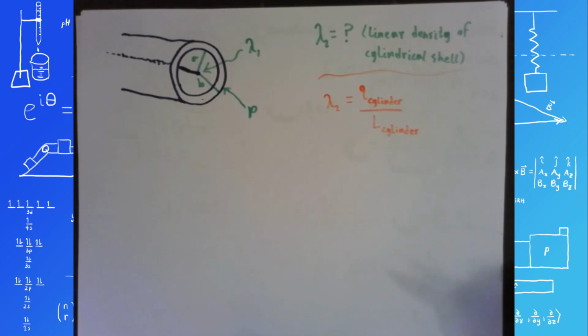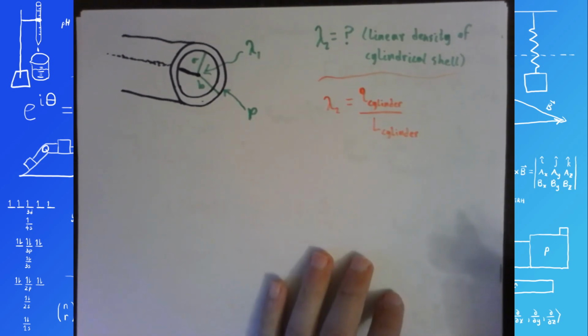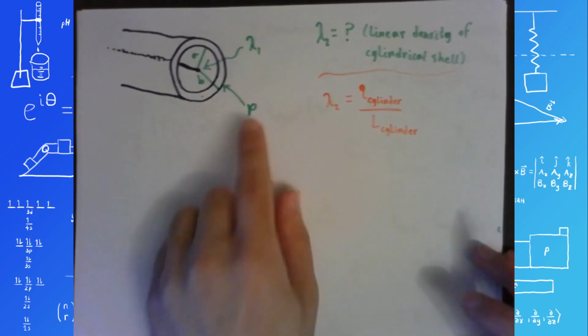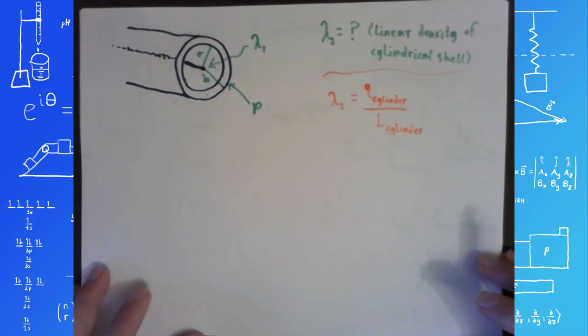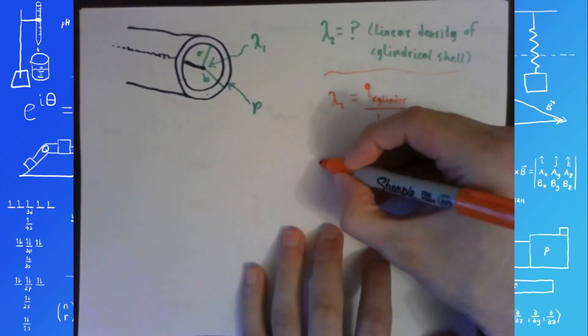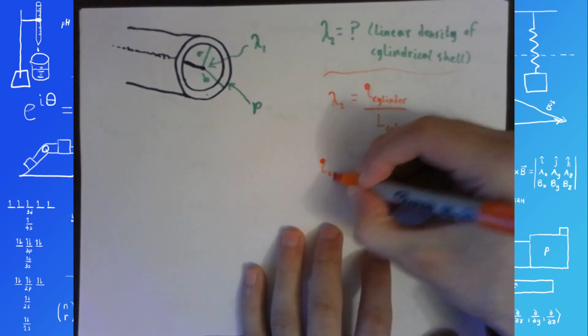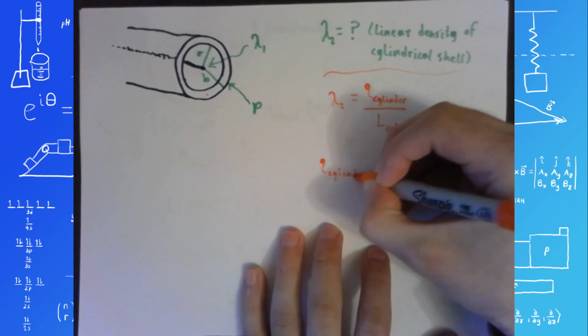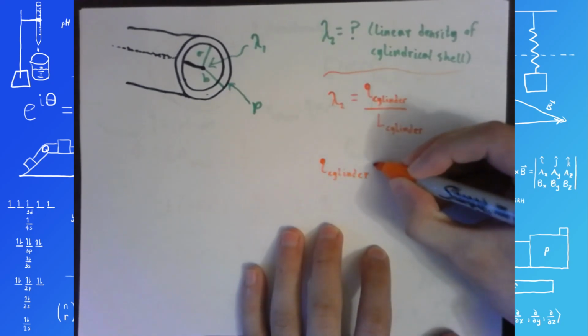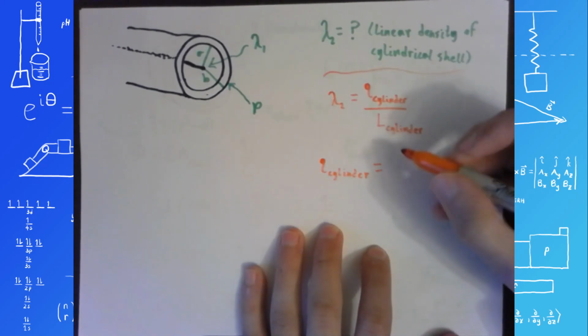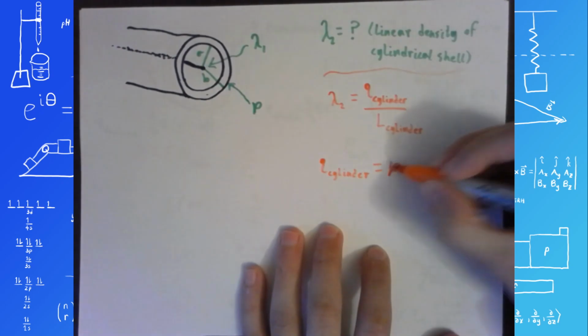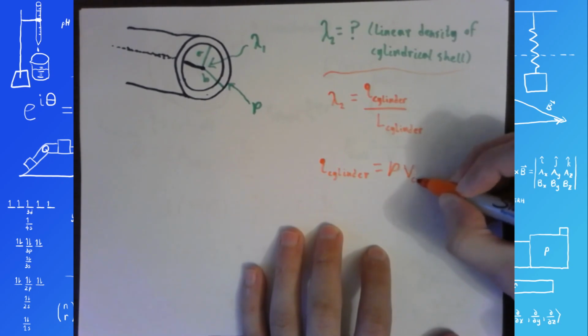Okay, what is our total charge? Well, our total charge can be expressed in terms of our volume charge density. We can say that the total charge on the cylinder is equal to the volume charge density of the cylinder times the volume of the cylinder.